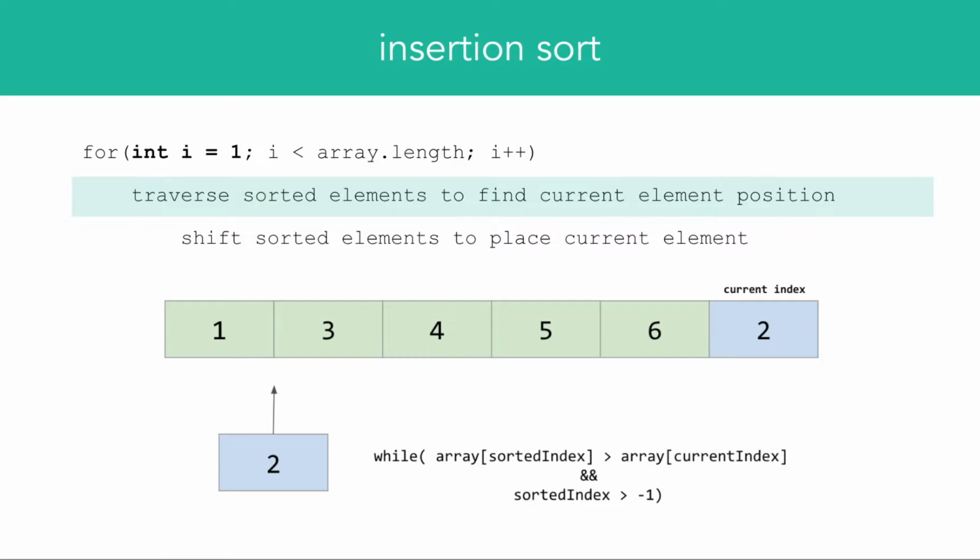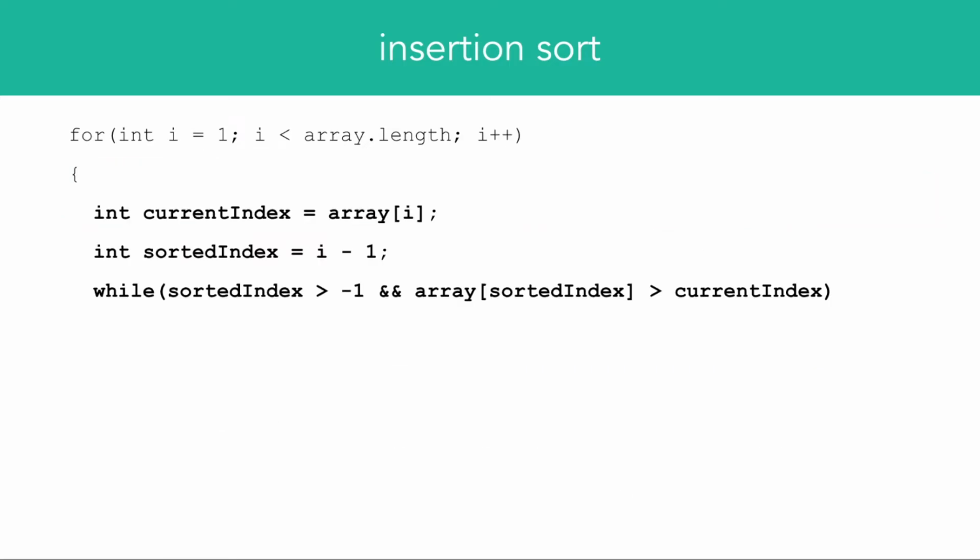Notice the AND operator. We can write this out fully as such. Notice that we need to establish the sorted index value as index - 1 and the current index value as the array value prior to the while loop so that the values do not continuously change while in the while loop. These exist within the for loop so that they can change each iteration through the index value.